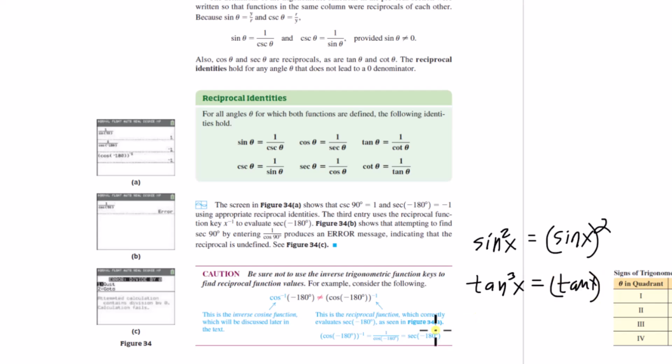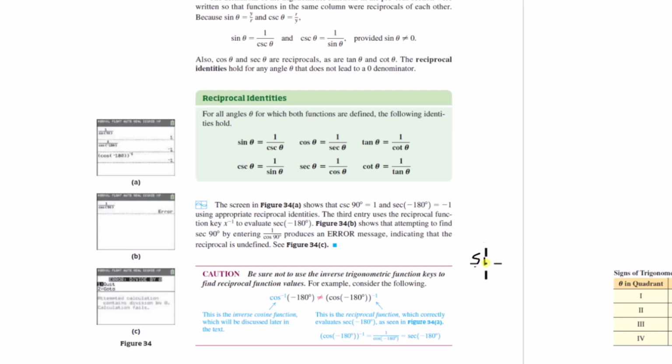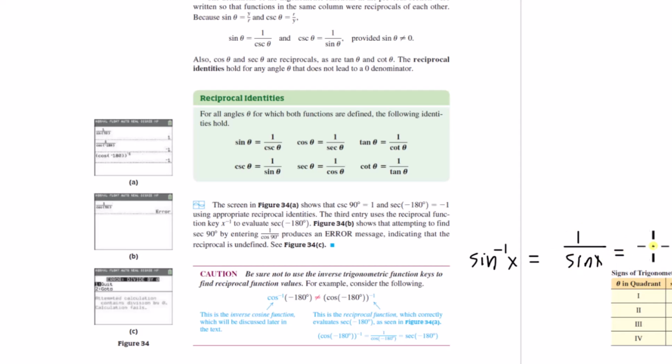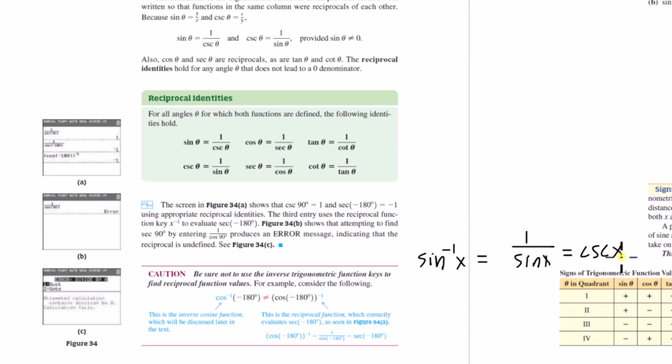Now it's a little confusing, in that if you see sine to the -1 of x, you would think, well, okay, that means this, which we know is cosecant of x. But this is actually not true. I mean, this is true, but going from here to here is not true.